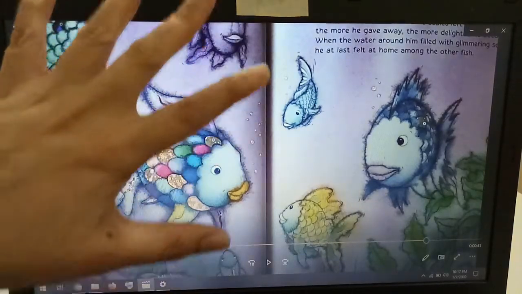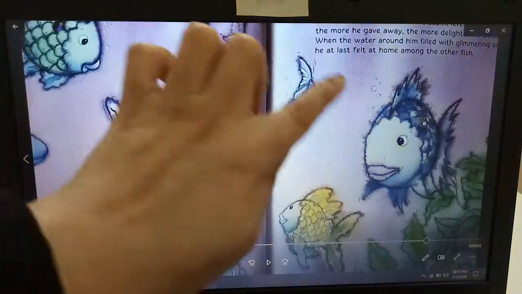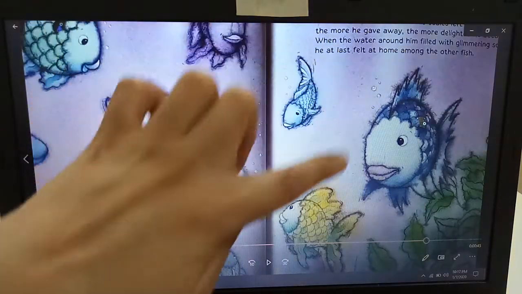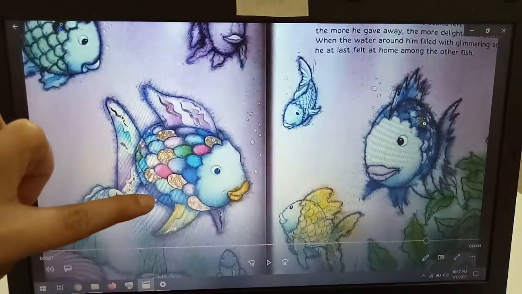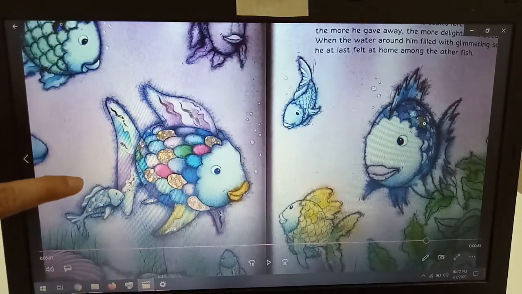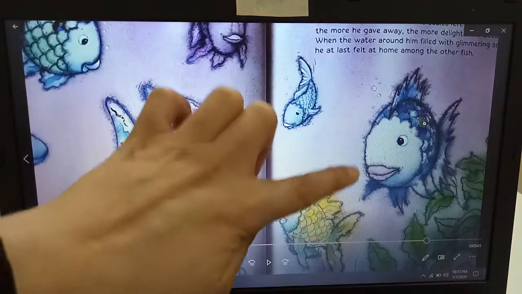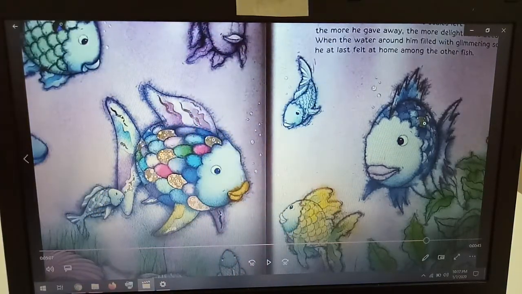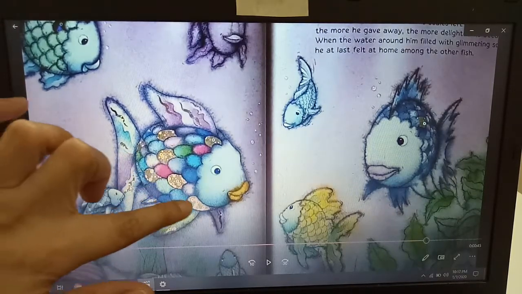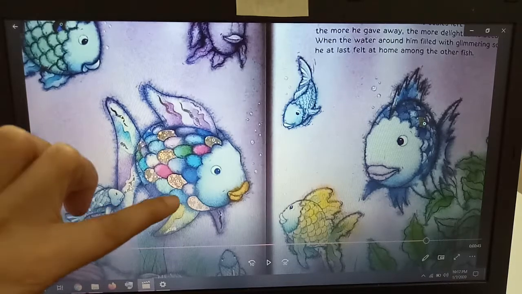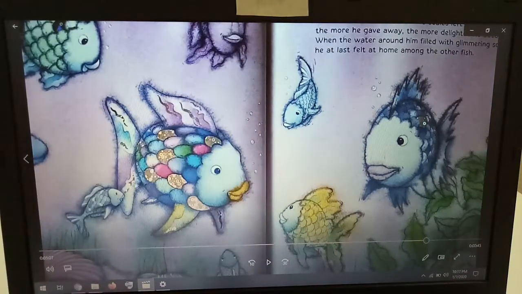And when he saw that all of them had one, he felt that he belonged to the group, and now he feels happy because the other fish are going to him and making friends with him, because he is very nice and sharing his treasure. Okay, he is sharing it with the other fish.